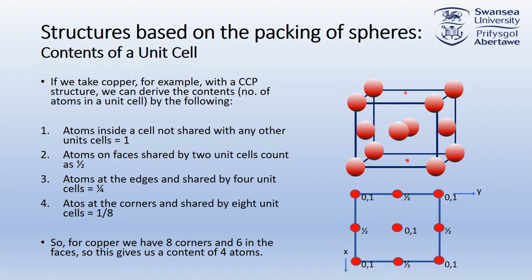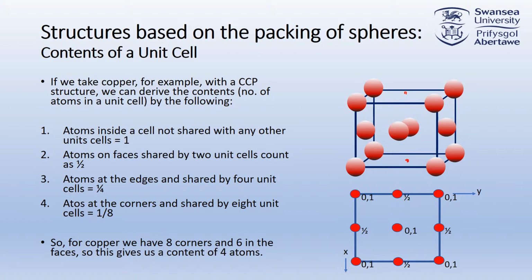Atoms at the edges and shared by 4 unit cells are rated at a quarter, and atoms at the corners and shared by 8 unit cells are an 1/8. So we have 8 in the corners and 6 in the faces, so that gives us a content of 4 atoms.